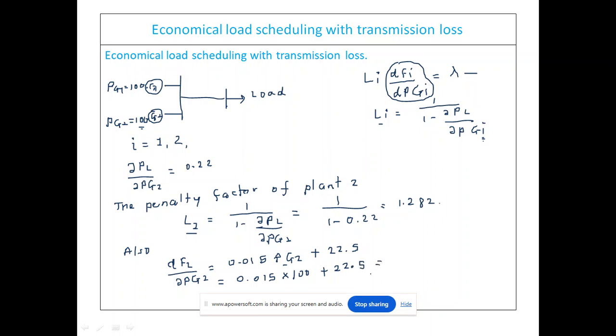Please calculate this value, otherwise I will calculate. This value comes out to be 24.